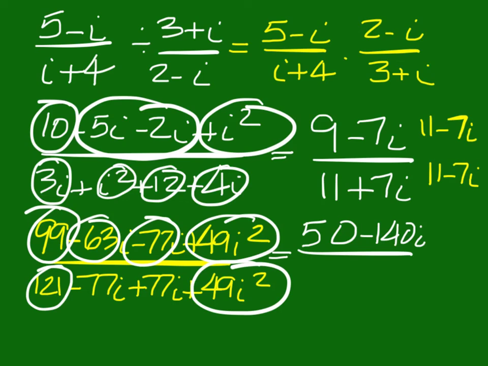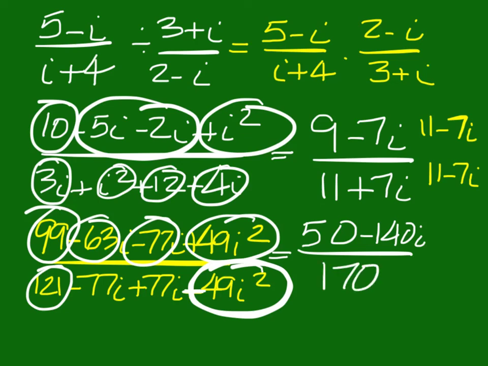Is that right? 121 minus 49? Should that be a minus 49i squared on the bottom? Yes, you're right. It is a minus 49i squared on the bottom. That's my fault. So it becomes a plus 49, so plus 121 is going to be 170.